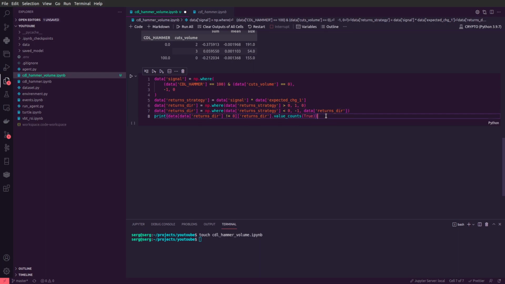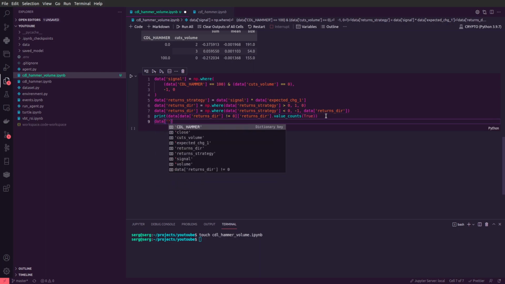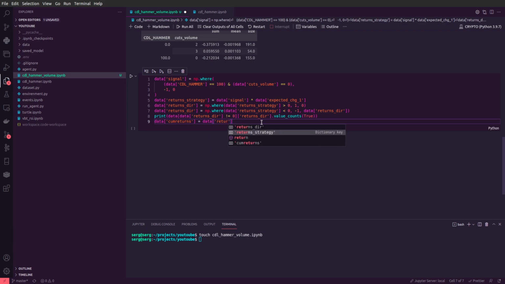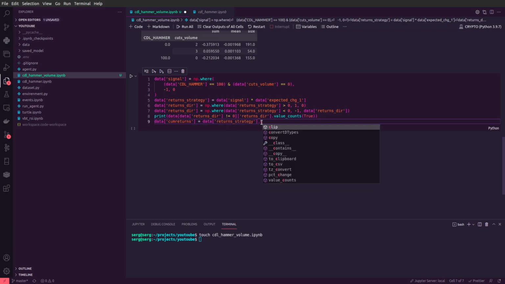Okay, what else? Let's calculate the cumulative returns of the strategy. For example, cum returns would be data return strategy, and we need to call cumprod. Okay, looks good.